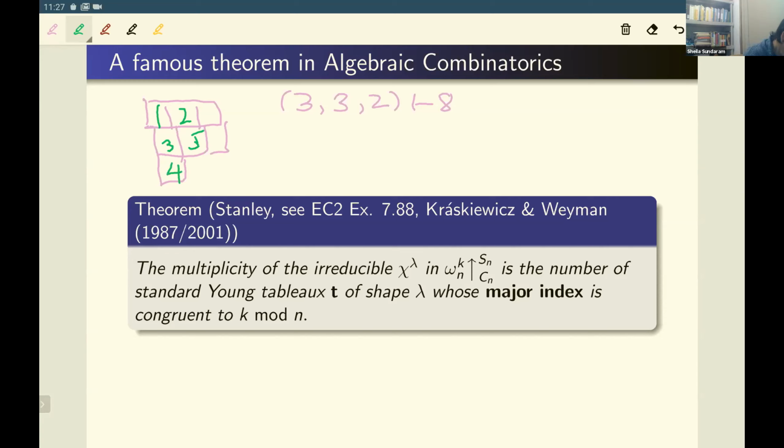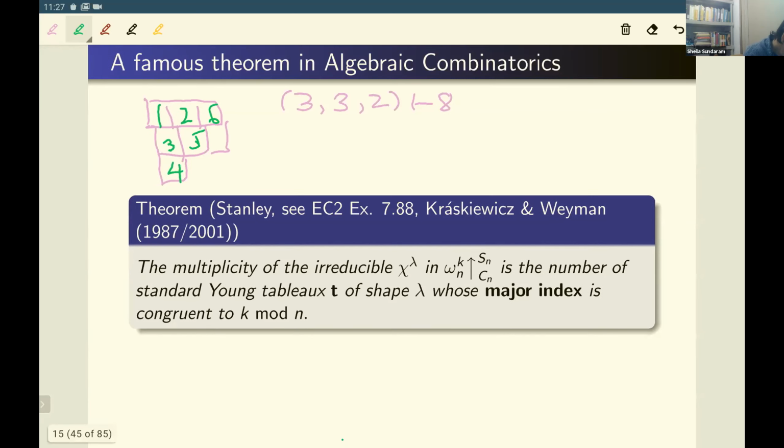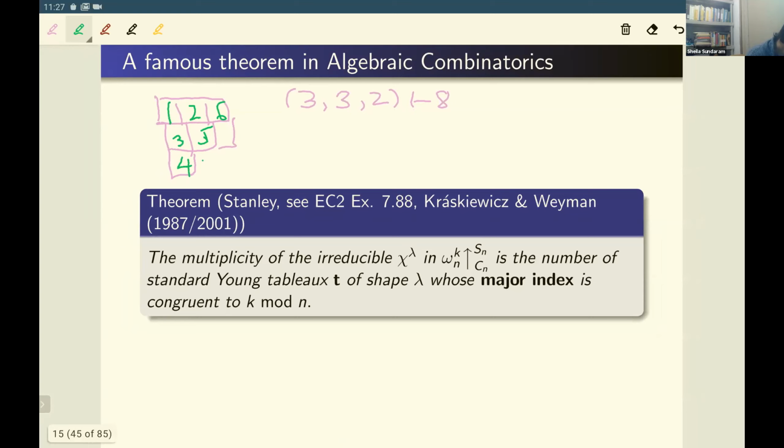Oh, I'm missing a box in the third row. Okay, there we go. So the first row is 1, 2, 6. The second row is 3, 5, 8. And the third row is 4, 7. Right? So that's a standard Young tableau of this shape.